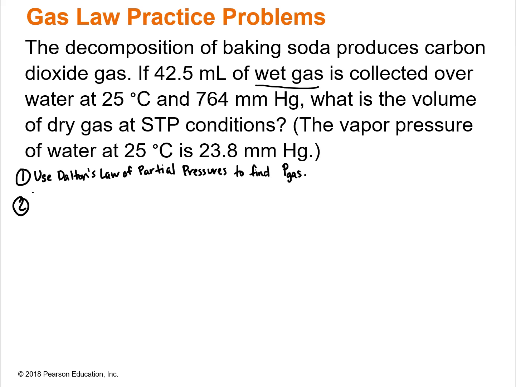Once we have that pressure, we have to answer a question about volume. And it looks like what we have in the problem is a volume, a temperature, and a pressure. When we have all three of those things, that means the combined gas law.